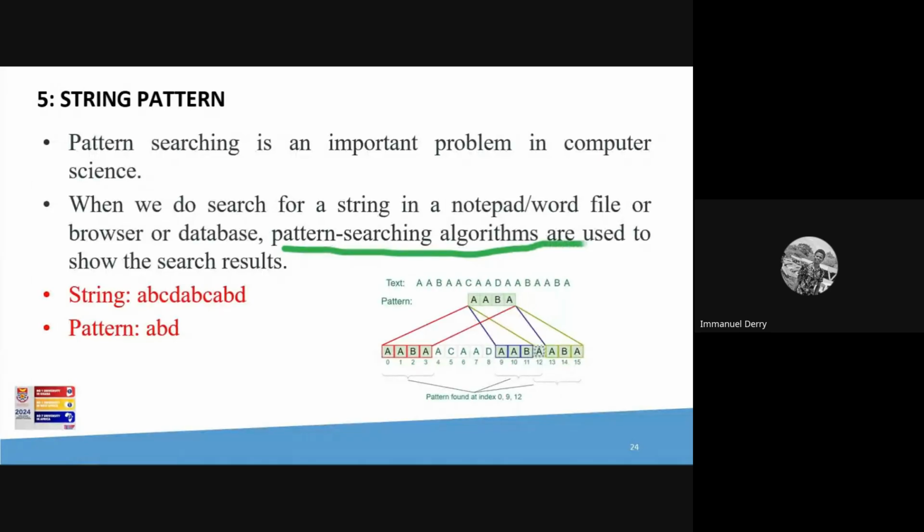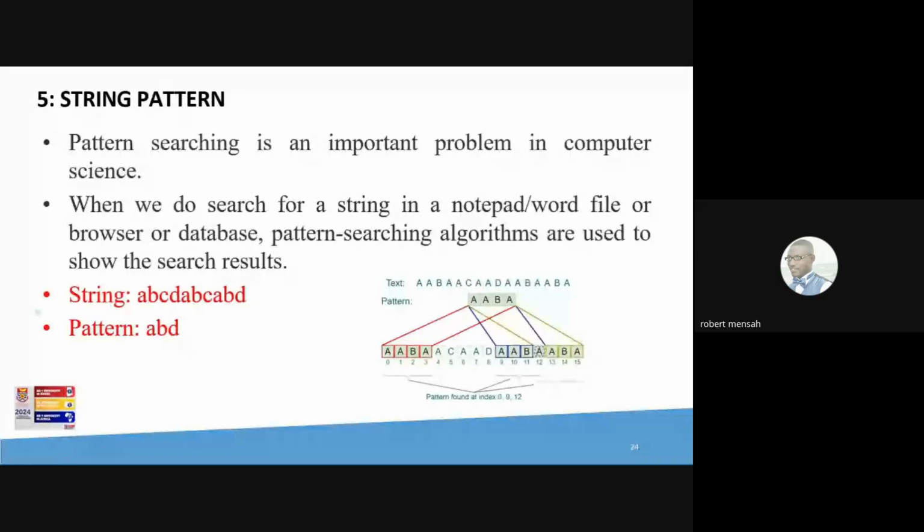So if you open a Word document and you begin to type a word, then this string pattern search algorithm takes place and begins to work to give you the information that is related to your pattern.